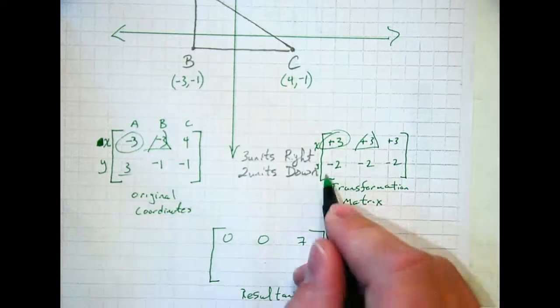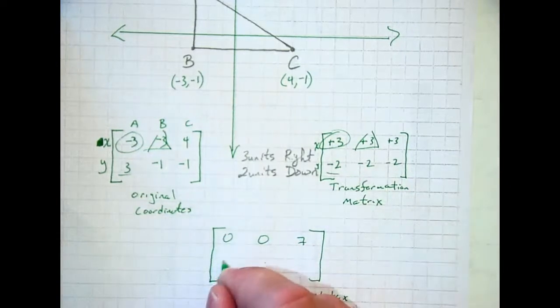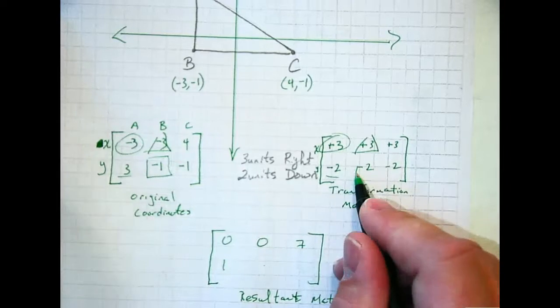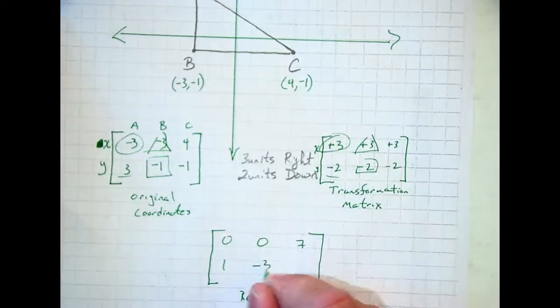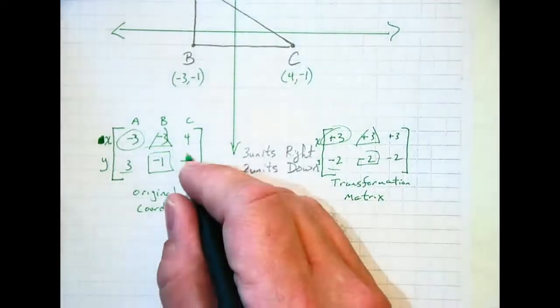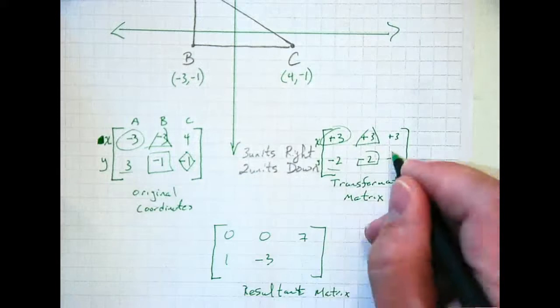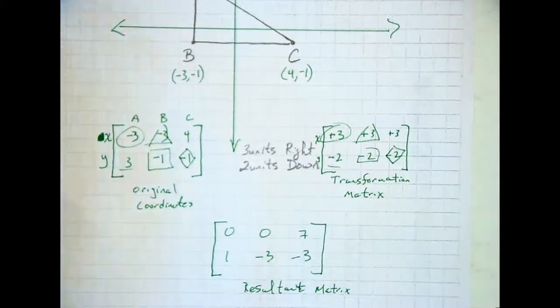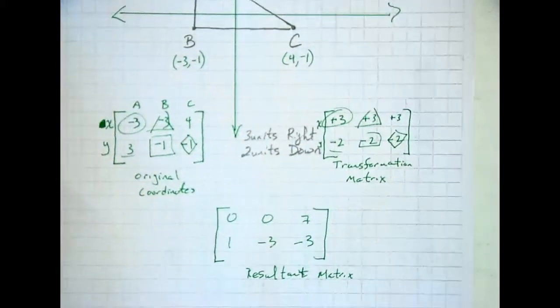We got 3 and negative 2, or 1. We got negative 1 and negative 2, negative 3. Okay.